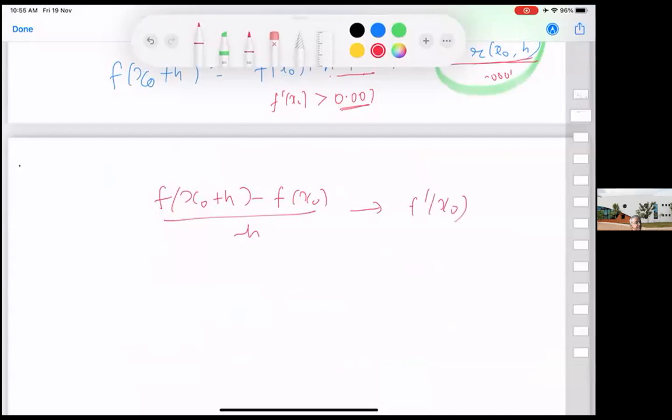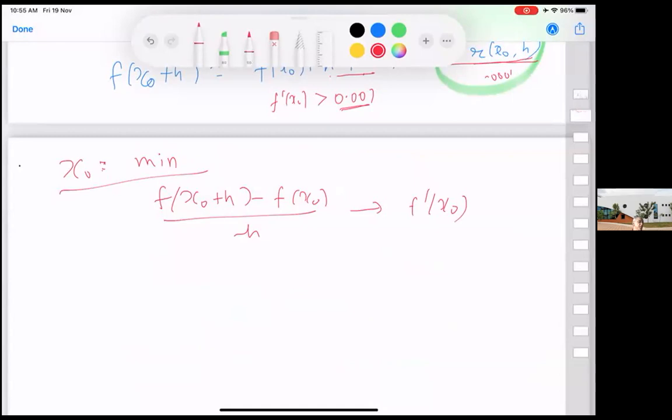So if f dash x0 is negative... if x0 is the minimum of the function, then the numerator here is greater than or equal to 0, no matter what h is, small enough within that interval.